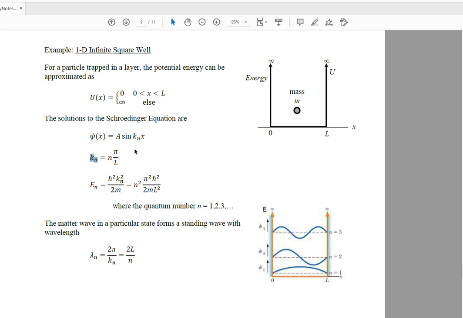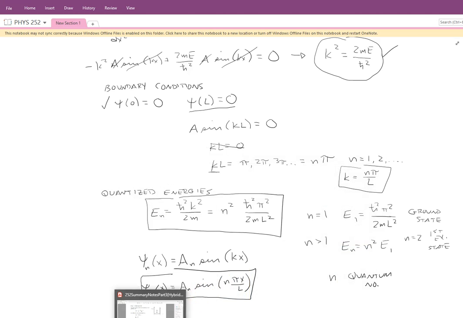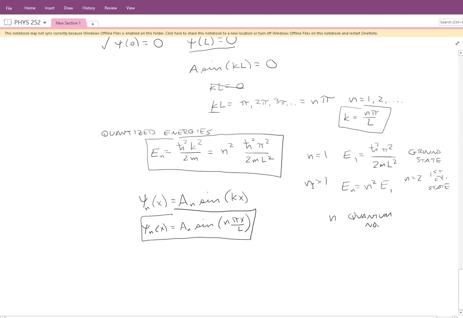Now, in a real system, let me just say two minutes worth. In a real system, if you were going to model an electron trapped in an actual layer, your potential energy function wouldn't be infinitely deep. So you still could approximate it as being square, but it would look something like this.